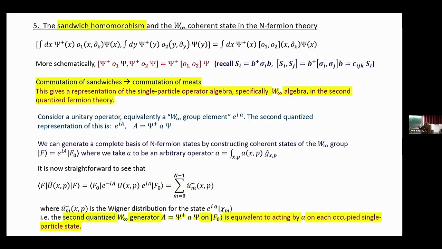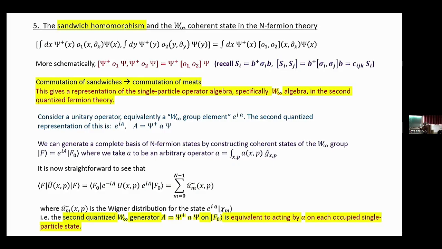And if you take the corresponding integral for the operator O2, then it becomes as if you are taking a commutator of O1 and O2 inside, and then you sandwich that with psi dagger and psi. So schematically, I would write psi dagger O1 psi with psi dagger O2 psi is psi dagger commutator of O1, O2 psi.